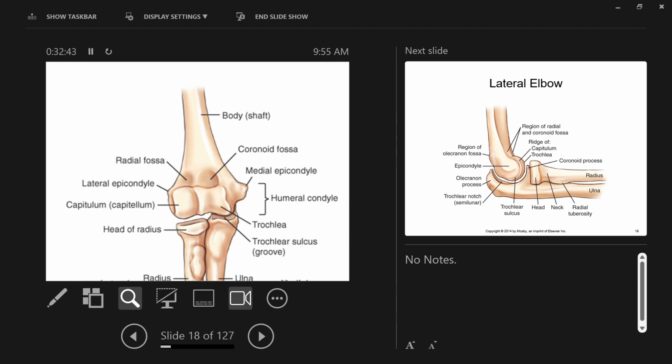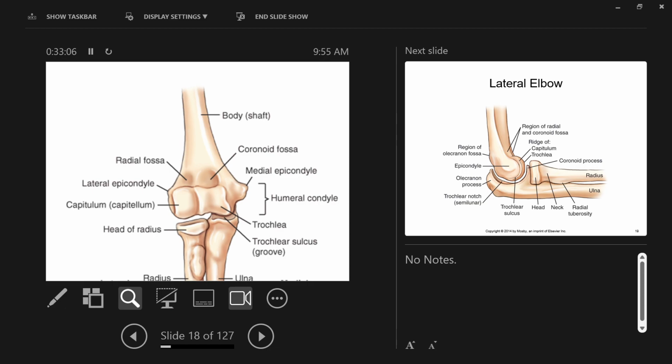But the radial head has to be able to roll around through this full extension-flexion swing. The whole time, at any point, I have to be able to roll this radius. The capitulum is this smooth, rounded end of the humerus that allows for that.